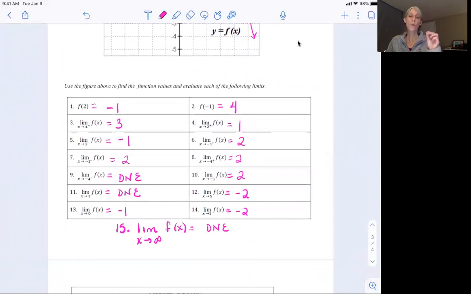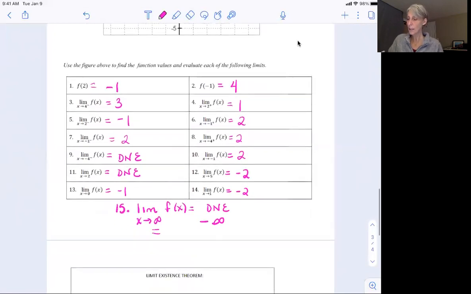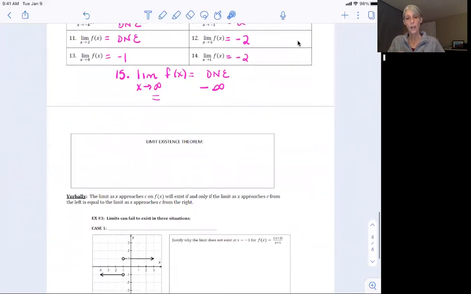However, when we're dealing with infinity, we can use -infinity to describe our answer. So we just want to be aware of little things like that. My goal for you today is just to understand this component here. This we will work on as we move through the unit.